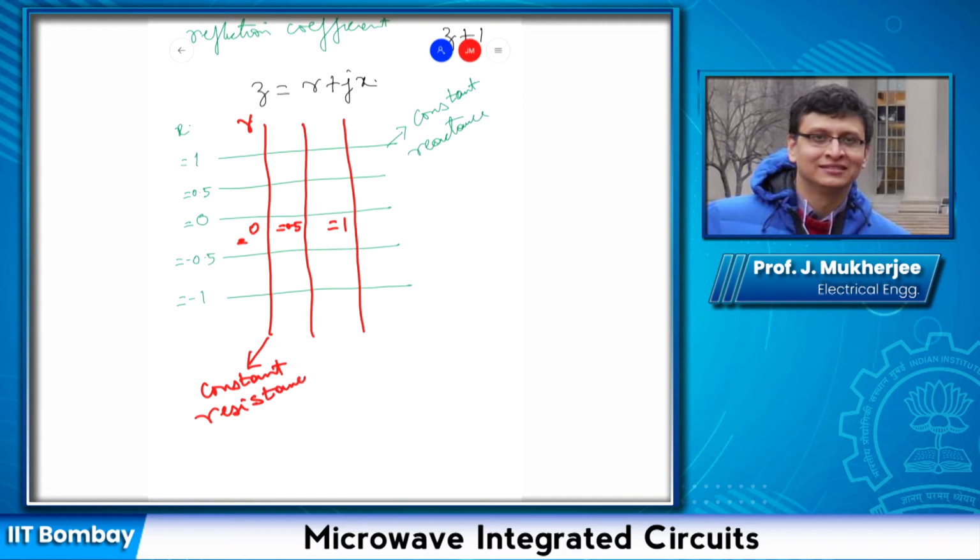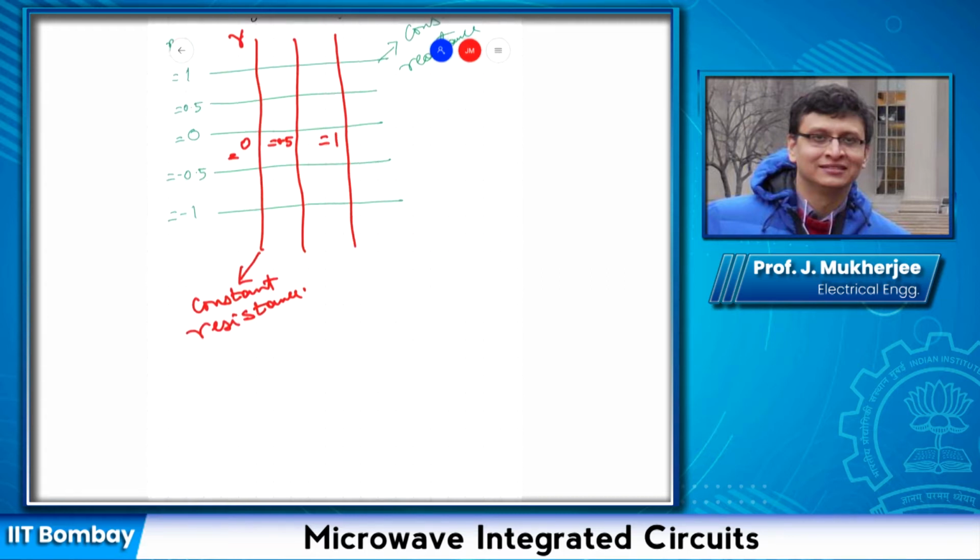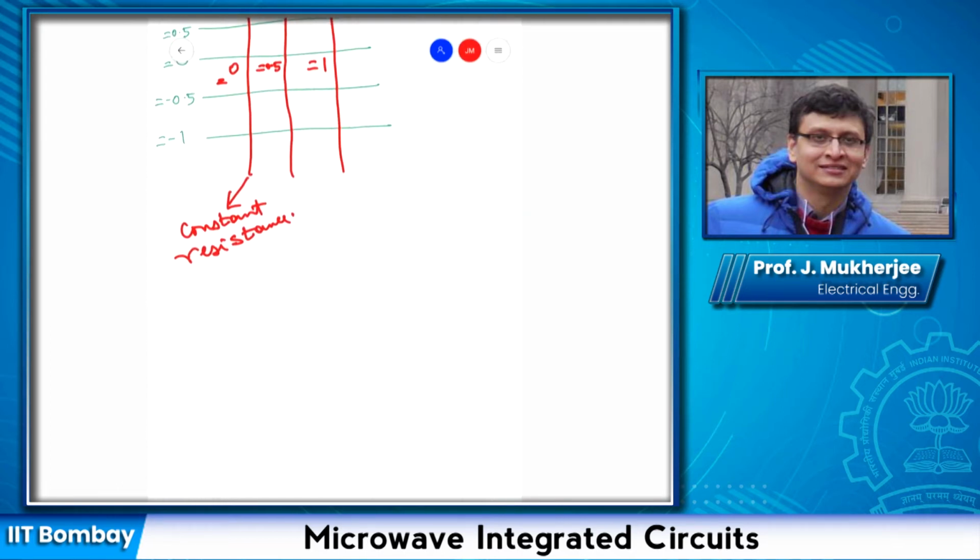Okay, so these constant resistance lines, how do they get transformed? They get transformed like this.